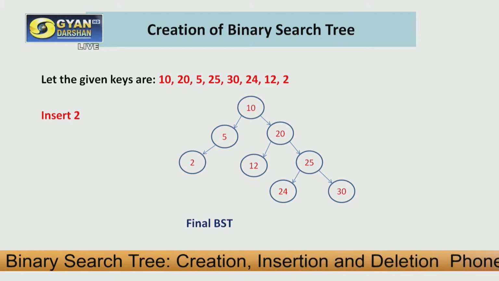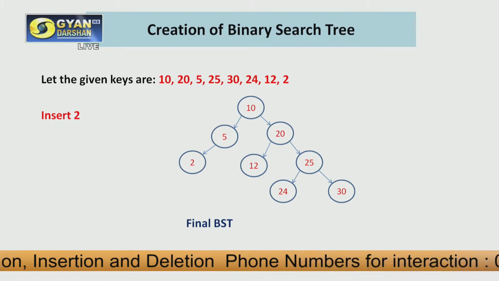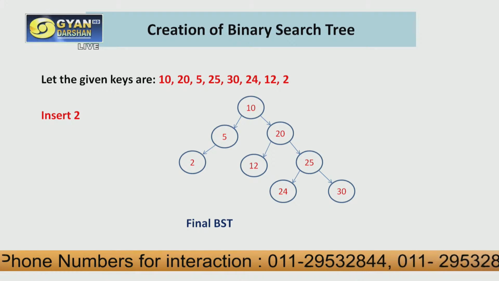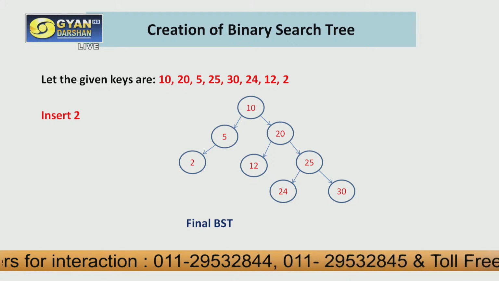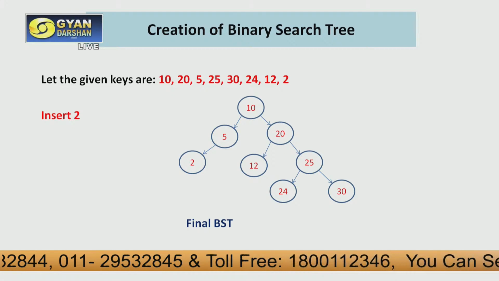So we can see here that the properties of BST are satisfied. That is, for any node, all the nodes in its left subtree are smaller and the nodes in its right subtree are greater.